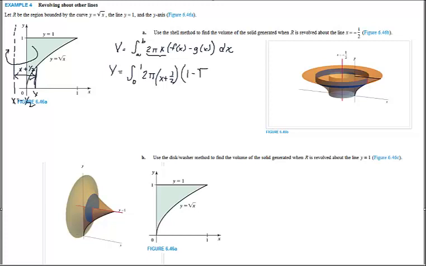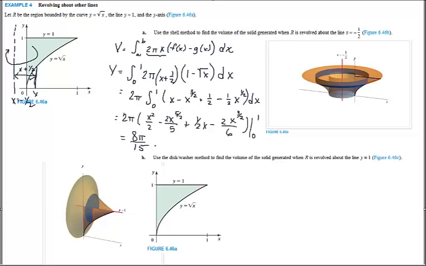So I would write that as 1 minus the square root of x dx. And now I'm going to do my little algebra so I can integrate. Alright, I just multiplied this out so that I could integrate each individual piece. When I do that and plug in my numbers for my limits of integration, I get 8 pi over 15 for the volume.